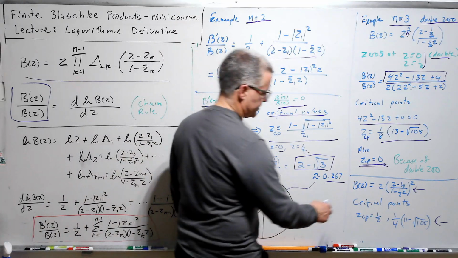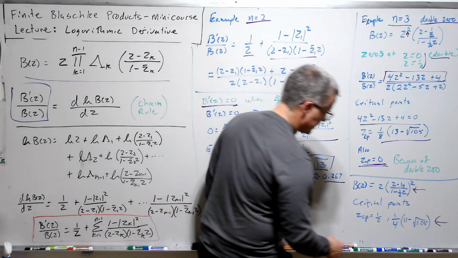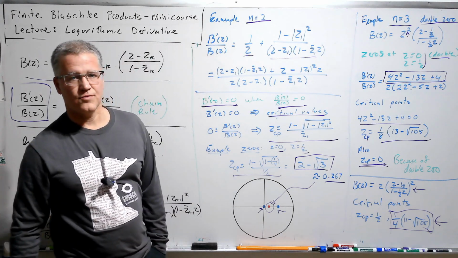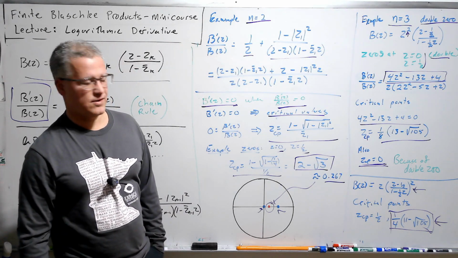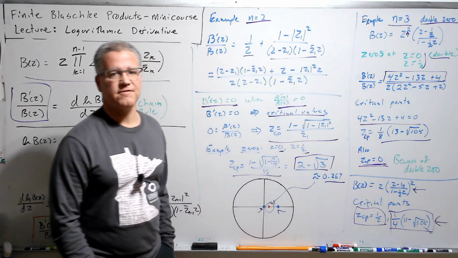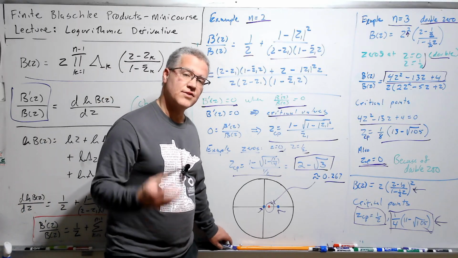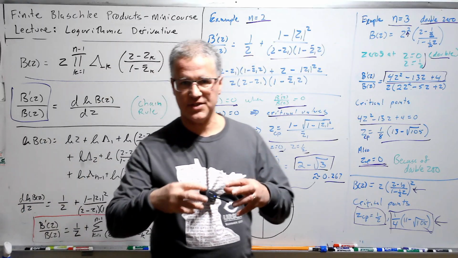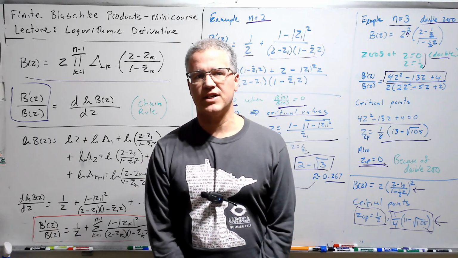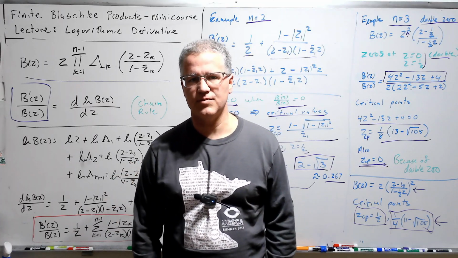So instead now, we will take the logarithmic derivative of this, and we would get this point. And now we know that the double zero is at 1/2, and so we have another critical point sitting here at 1/2. All right, so the zeros, the critical points, and the relationships in the disk between them lead to some really beautiful geometric emergence, which will be coming up later in this mini course.